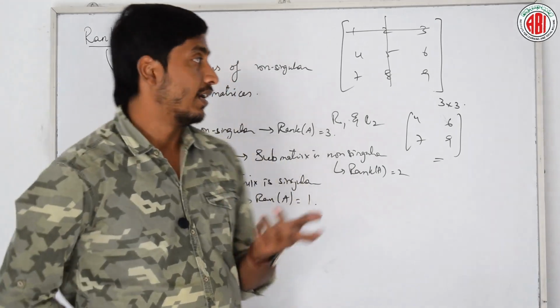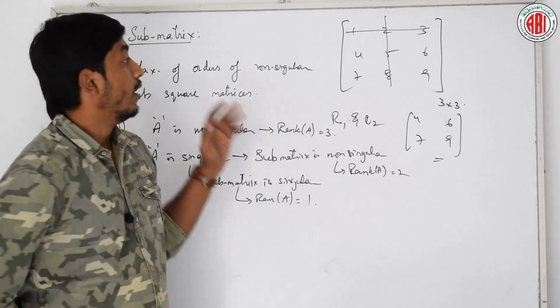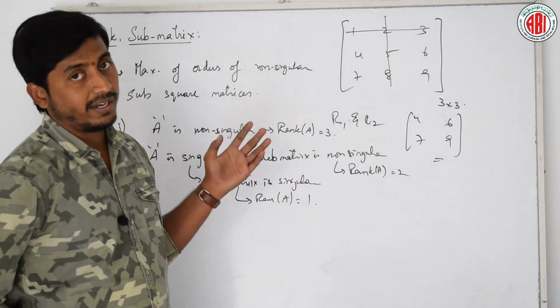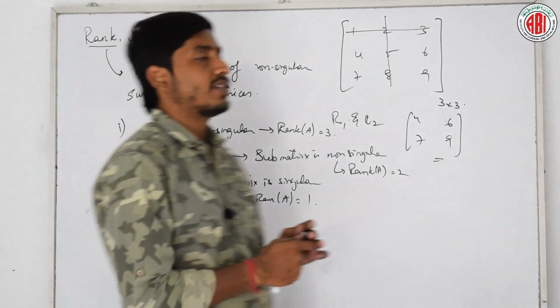Fine? Good. And not only this, we can find the rank by row transformations, I mean by elementary transformations. How to do it?